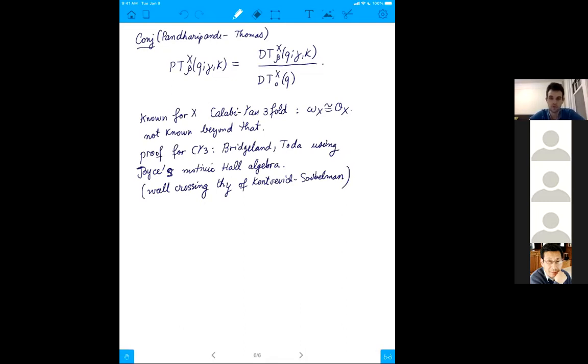Just for people who maybe know it, it sounds scary, but there is just one formula, wall crossing, which roughly shows how the virtual number of semistable objects changes when you cross a certain real codimension one wall. And if you know that this formula holds, then this conjecture is true. But the difficult part is to show that it holds.